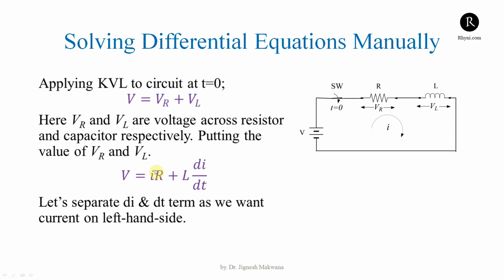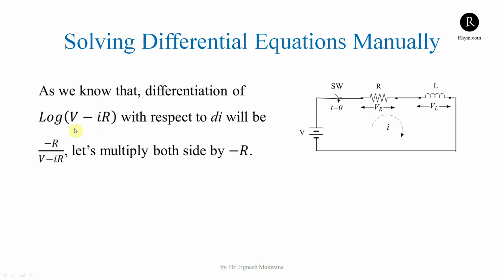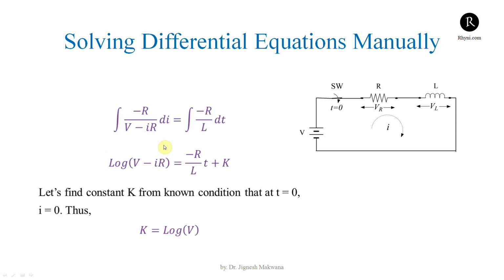If you solve it manually, we know to separate the di and dt parts. So let's do it. This equation becomes L di by dt equals V minus IR, with the di by dt part separated, and then we integrate both sides and use the rules of differential equations to solve it. It will look like this, and by using one condition that we know, at t equal to 0 the current will be 0.